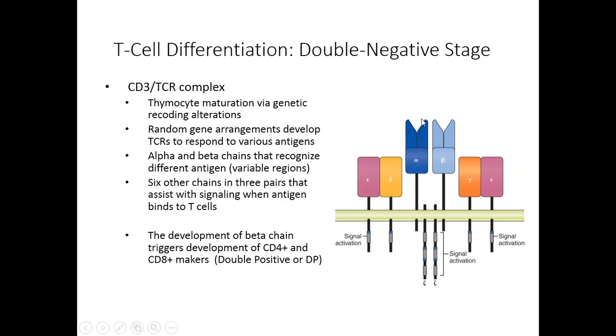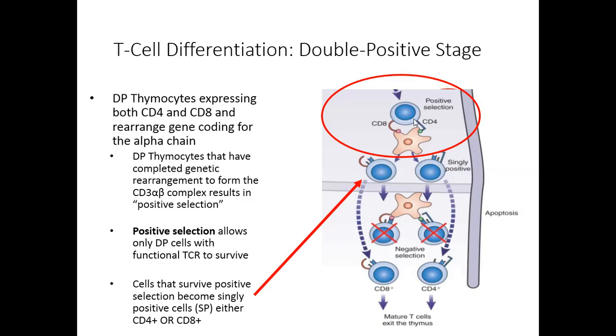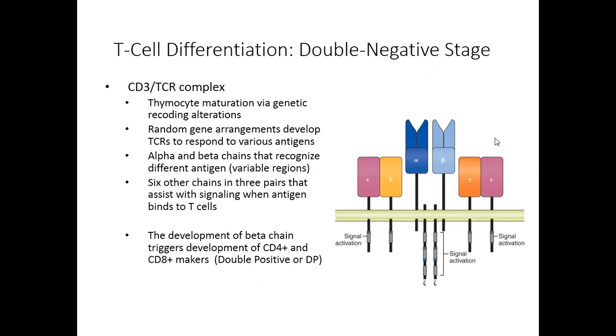This area right here is the site of antigen diversity, very similar to what we're going to see on B cell immunoglobulins. But that genetic rearrangement is what causes this region of the T cell receptor to be variable. Combined, it's going to be able to develop receptors against specific antigens.